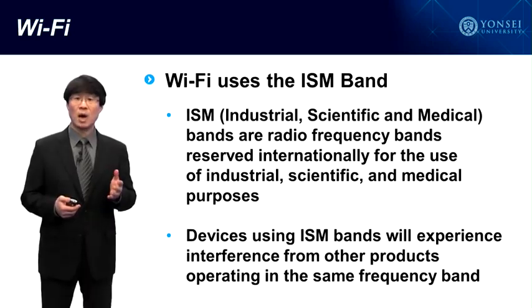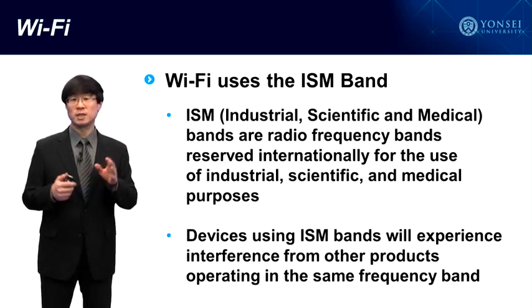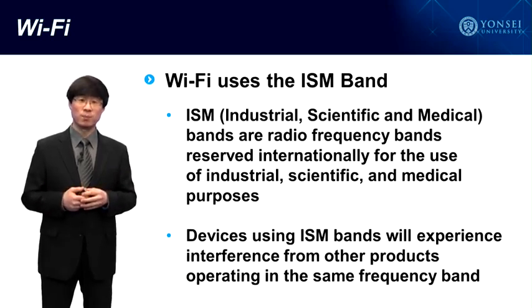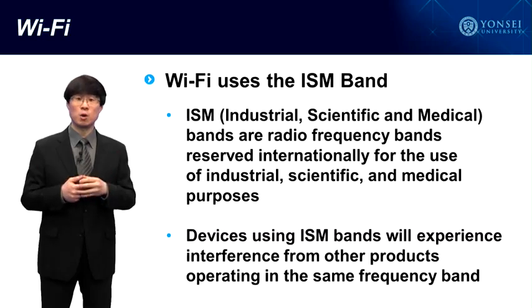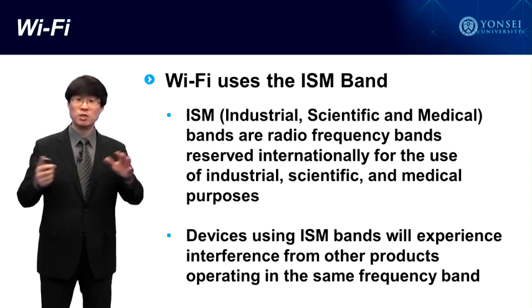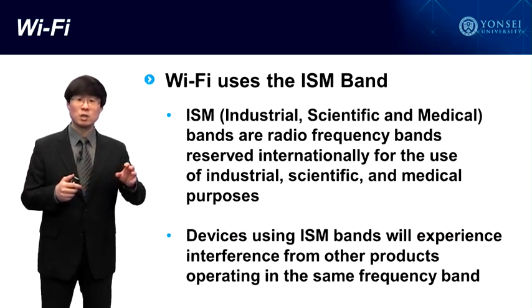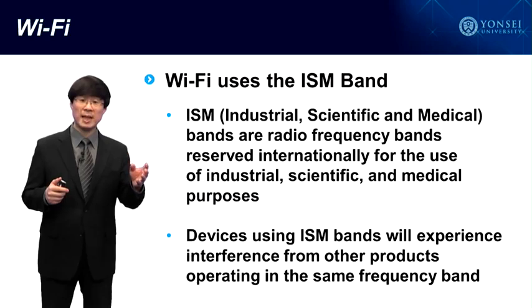Now, Wi-Fi uses the ISM band, and we need to know about this because this influences the characteristics of our communication network. ISM stands for industrial, scientific, and medical, and it's used for these major purposes. It's an internationally reserved band, and for these purposes they are not going to be licensed.